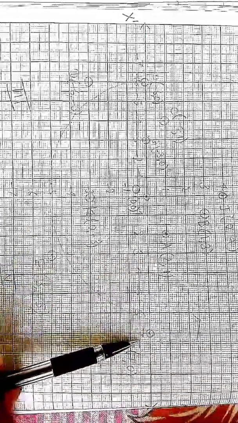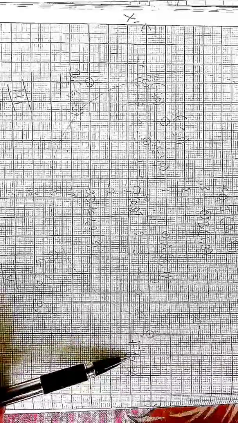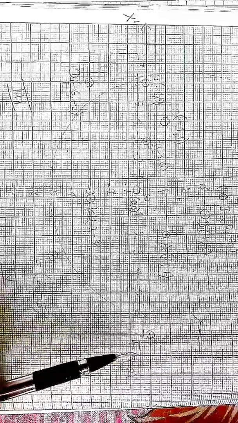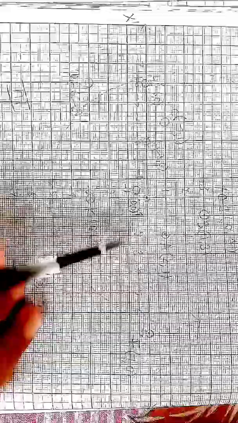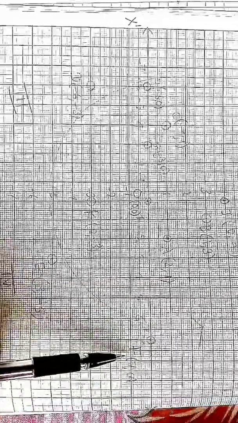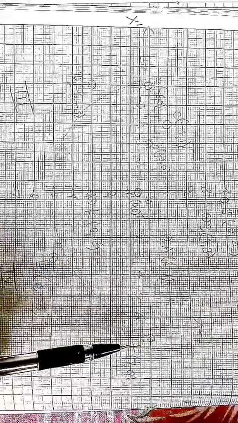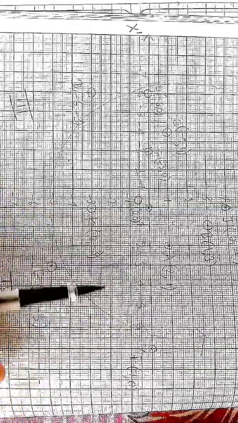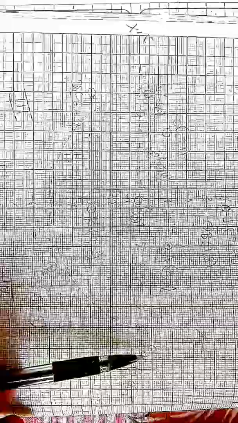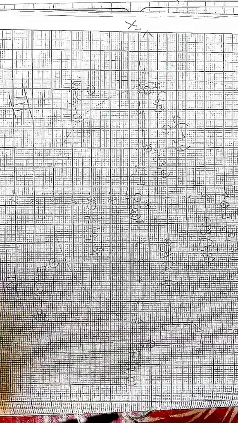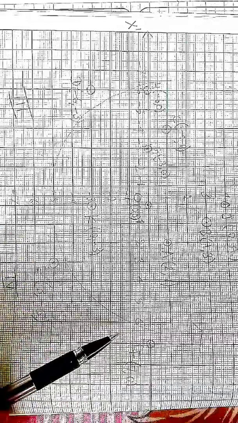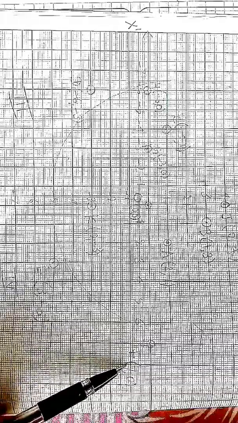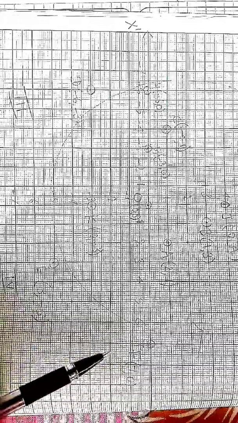This point has coordinates 7 comma 0, because it is at 7 unit distance from y-axis, so its x coordinate is 7. It lies on x-axis, so its distance from x-axis is 0, so its coordinates are 7 comma 0.